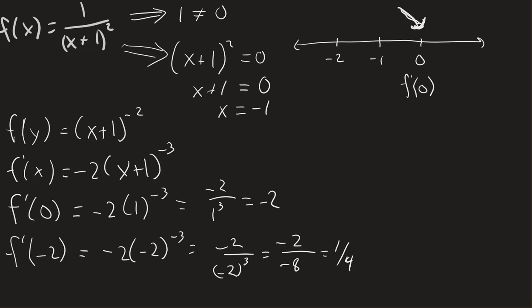Okay, so it looks like the slope of the tangent line when x is -2 is +1/4. Again, I'm not so interested in the 1/4 here, just that it's positive, because if the derivative is positive, the graph is increasing there. So now I can see my increasing intervals all the way to the left up to -1. And I can see my decreasing intervals, starting at -1 forever to infinity.